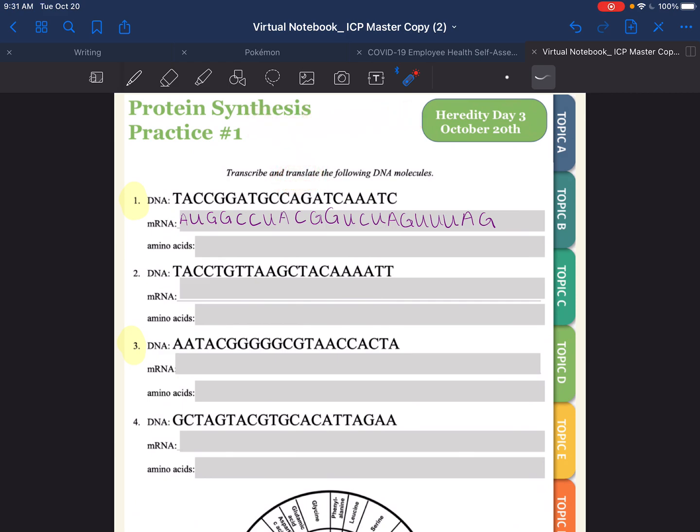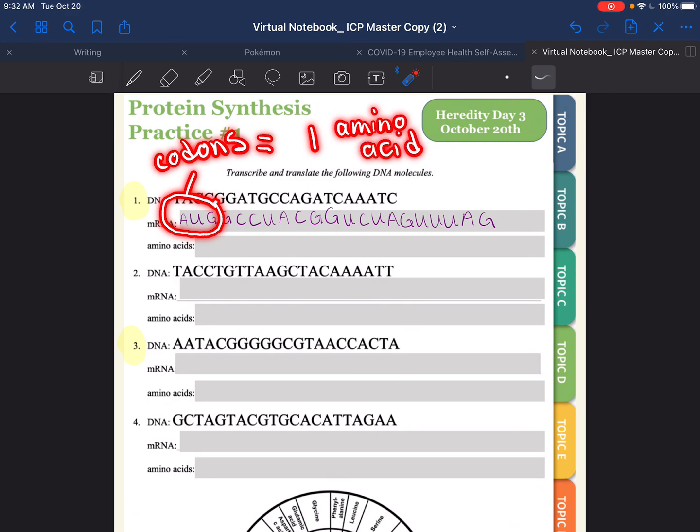We use these little clusters of 3 nucleotides, and they're called codons. So every group of 3, every codon is going to be translated into 1 amino acid. So this process of turning codons into amino acids is translation.